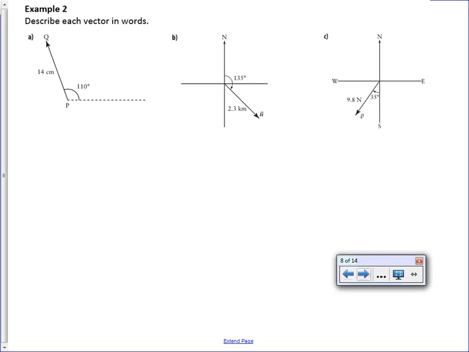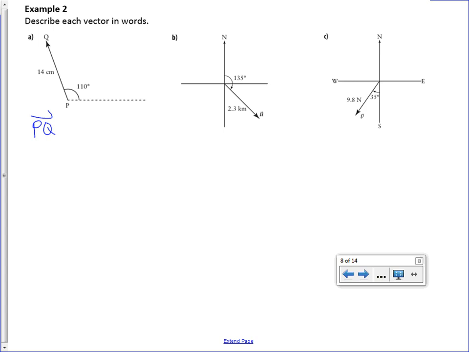So let's properly state the vector using each of those, based on what's indicated by the picture. So in A, how would we describe that vector in words? First of all, what would we call the vector in A? Vector PQ. So vector PQ.